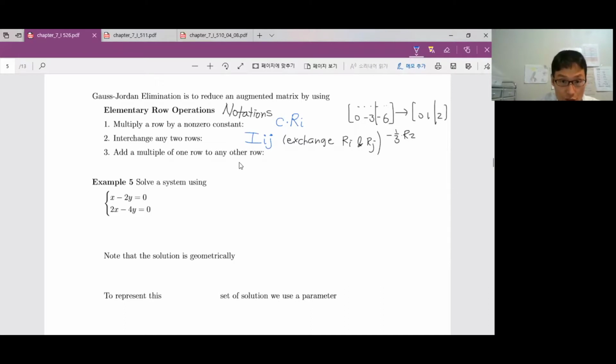The notation is you can take any multiple, C times Ri, and add this to another row, Rj. You can even indicate on which row this change will take place, Rj, like this. Depending on the textbook and online web pages, they may use different notations, but basically there are 3 operations that you can apply.